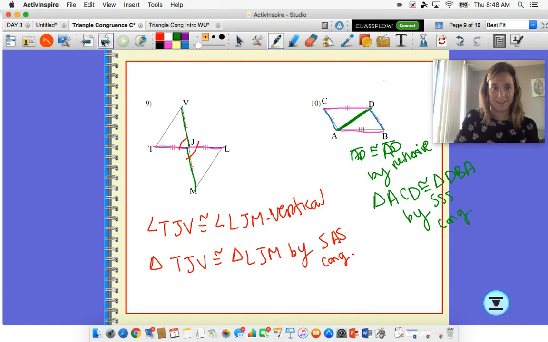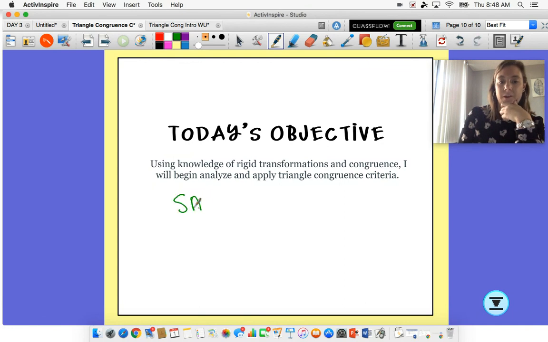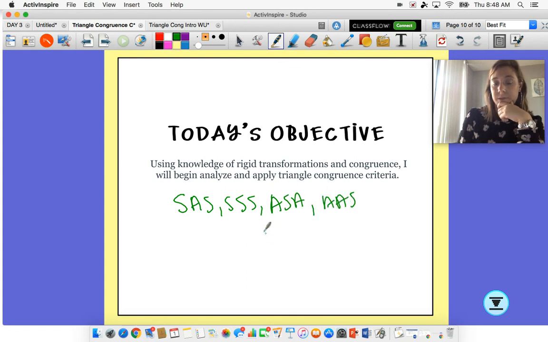Amazing. So we just really built on what you did in class and what we've done. And so you've now learned side, angle, side, side, side, side, angle, side, angle, and angle, angle, side congruence. These are the ways that you have learned to prove two triangles congruent. You need two triangles.